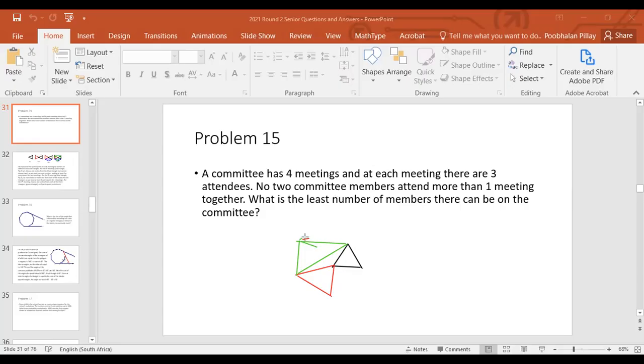Let me just pick a nice color. Okay, so you've got blue for this. Choose that person from that committee, this person from this committee, and this person from this committee, right? And those 3 can form your fourth meeting. So you cannot do it with 5, but you can do it with 6. So the least number is 6. The answer is 6.